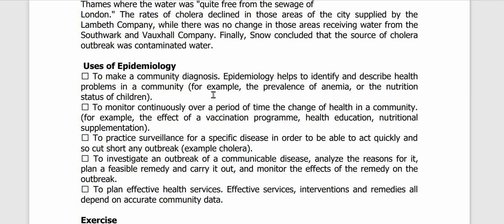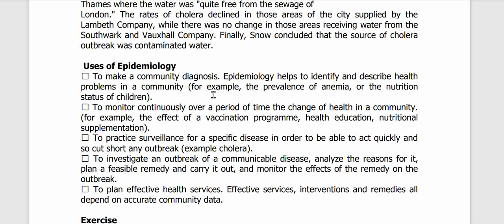When I say practicing surveillance, I am referring to close observation of specific diseases that may cause an outbreak in the community. If a disease can be identified in time, managing such conditions and controlling its spread among the population can be mitigated.